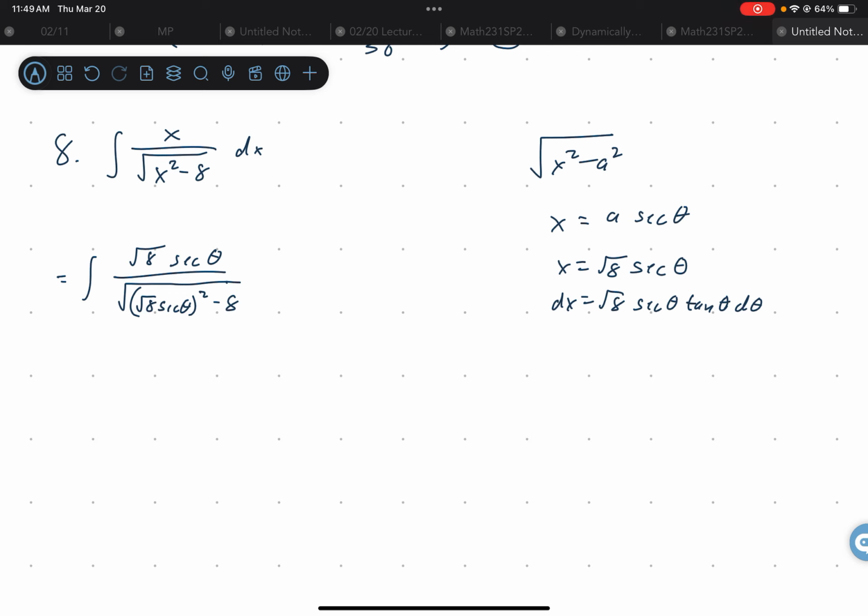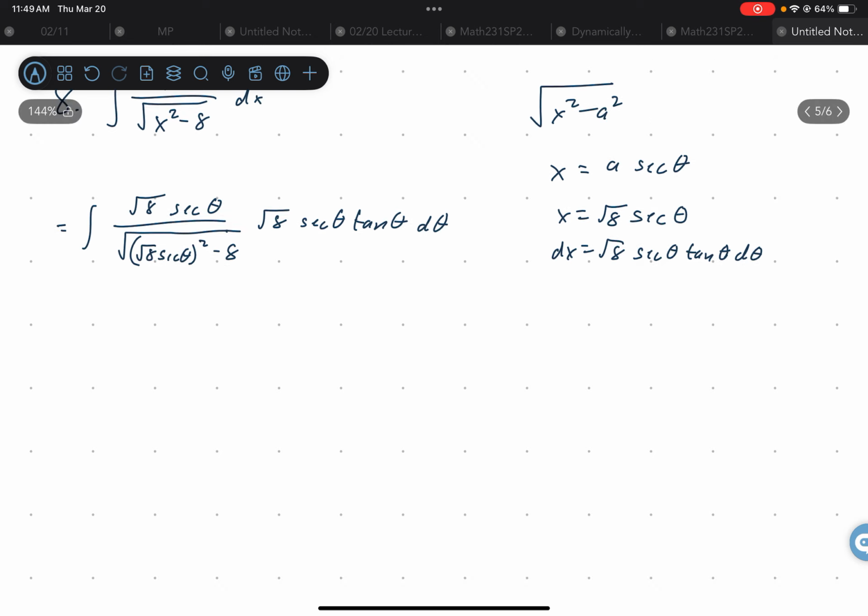And then dx is going to be square root 8 secant theta tangent theta d theta. All right. Now let's work towards simplifying the denominator, which again, if we've done all this properly, it'll simplify very well. Looking at this, we're going to have 8 secant squared theta minus 8, and yes, it does simplify well.